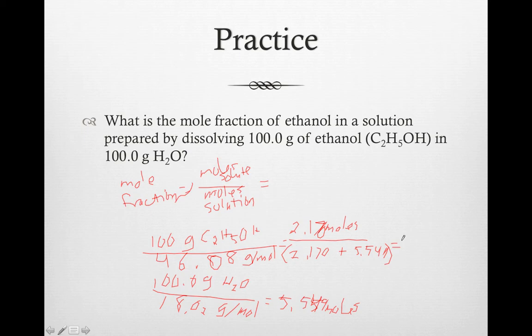So if I take 2.170 divided by parentheses 2.170 plus 5.549, I'm going to get an answer that is equal to 0.2811. And this is my mole fraction. That's going to be my answer.